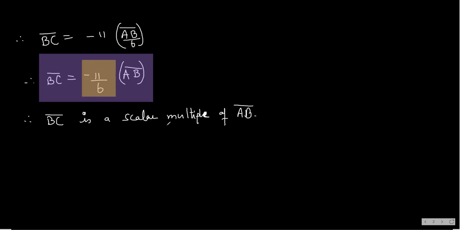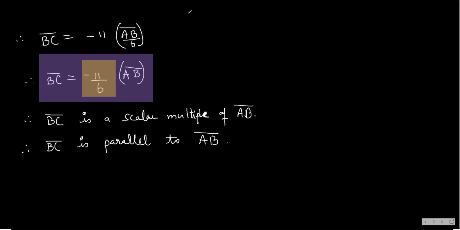Now we all know, if one vector is a scalar multiple of another vector, then the two vectors are parallel. Therefore, BC bar is parallel to AB bar.